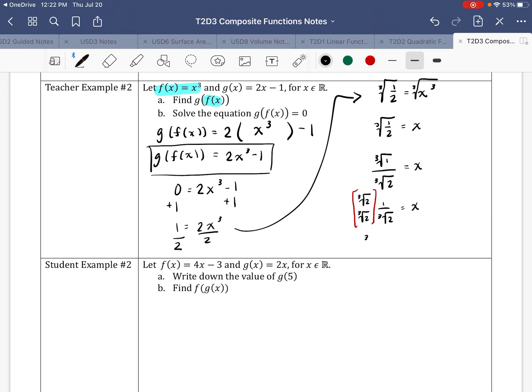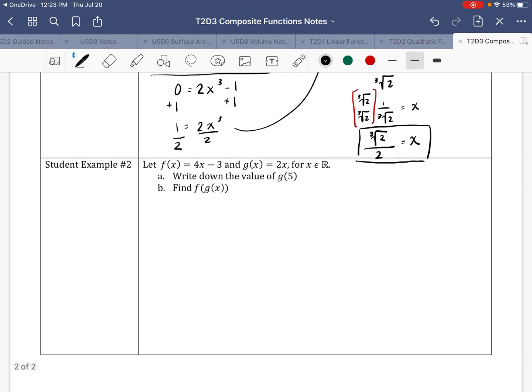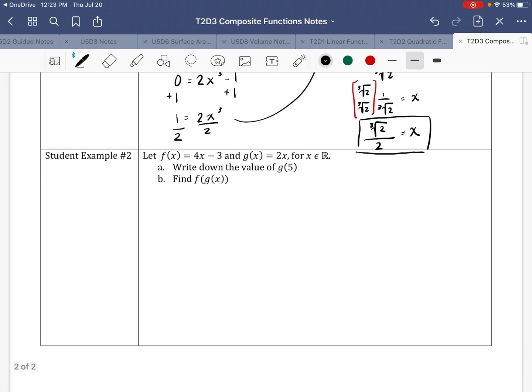So when we multiply that through, you get the cube root of 2. Let me rewrite that so it's more clear. Cube root of 2 times 1 stays the same, over 2 is equal to x. Okay, then this will be our final answer. Try student example number 2 on your own.